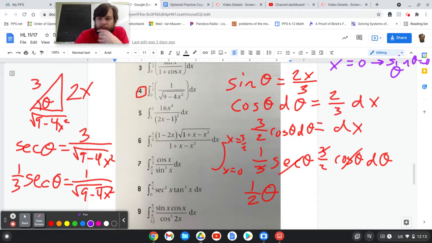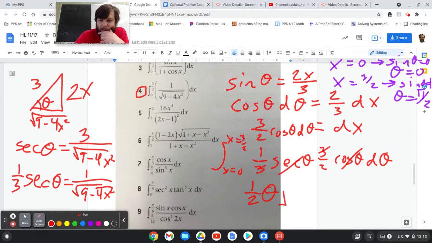And sine of theta equals 0 when theta equals 0. The upper bound is x equals 3 over 2, which implies that sine of theta is 1, which implies that theta is 90 degrees, also known as pi over 2. So we just rewrote our bounds of integration in terms of theta.